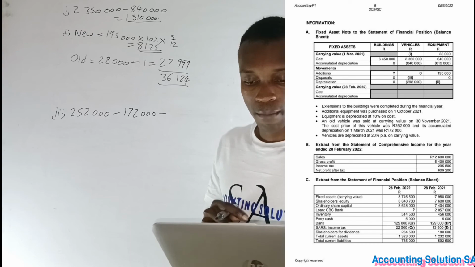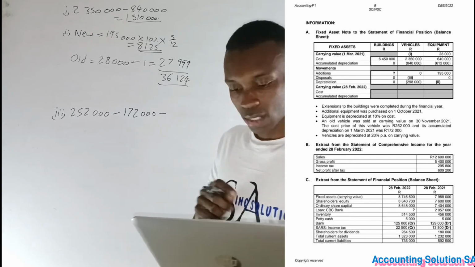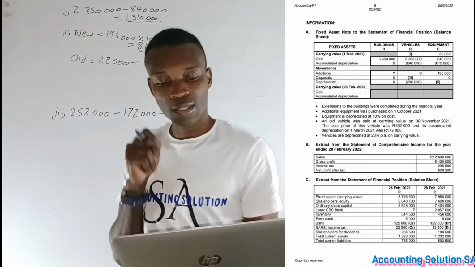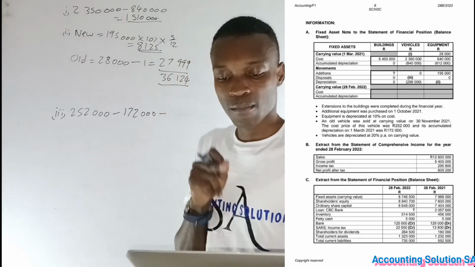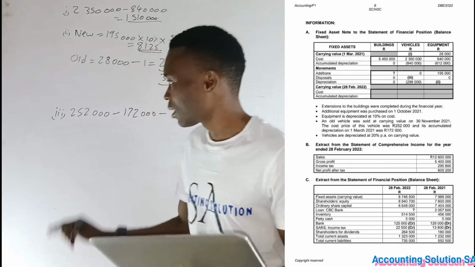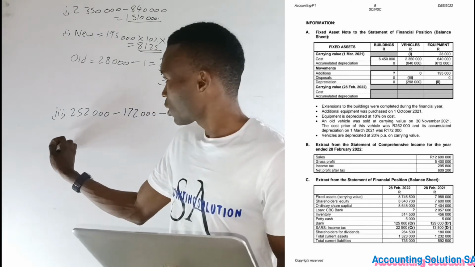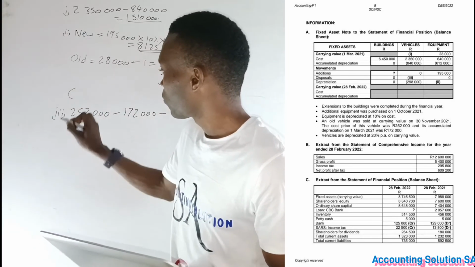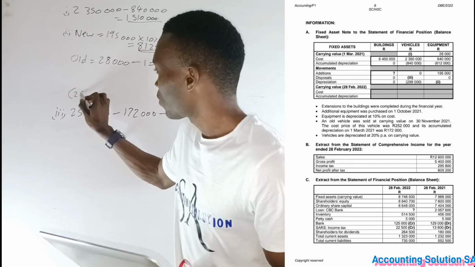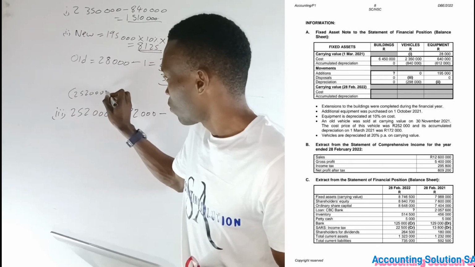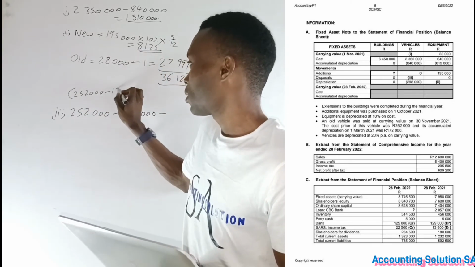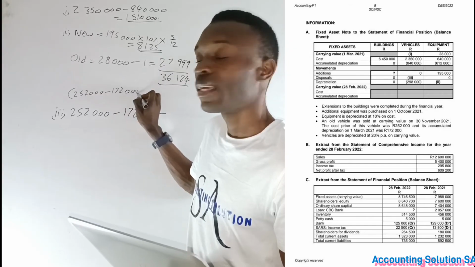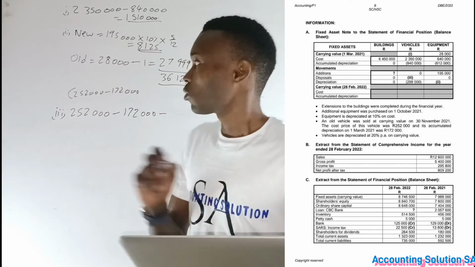Very simple. Remember, they say that the vehicles are depreciated at 20% per annum on carrying value, which means that in brackets I'm going to show this. Okay, let me just show it on top here. We're just gonna say 252. We first subtract 172 because we are using a diminishing balance method.